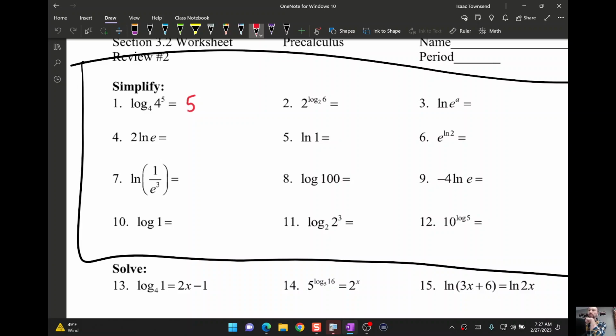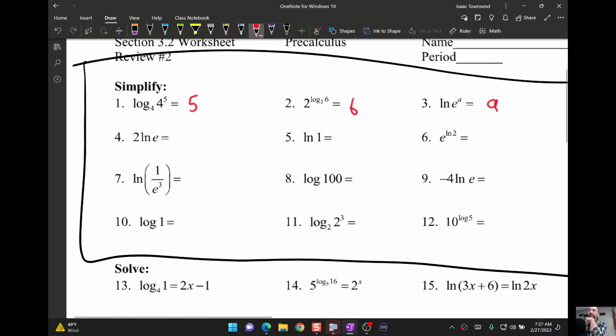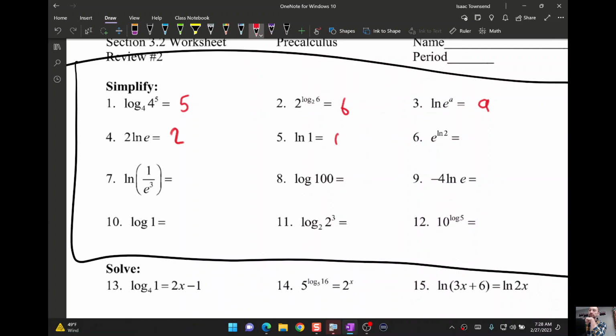Looks like it should be 1, 6, A, 2, 0, 2, -3, 2, -4, 0, 3, and 5.